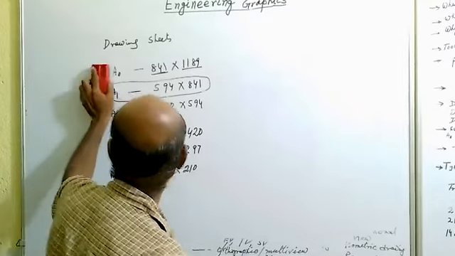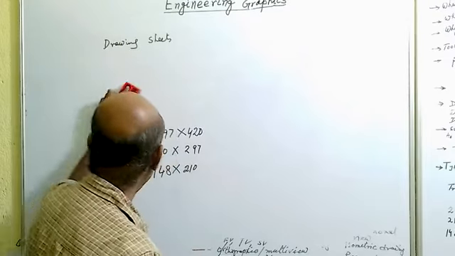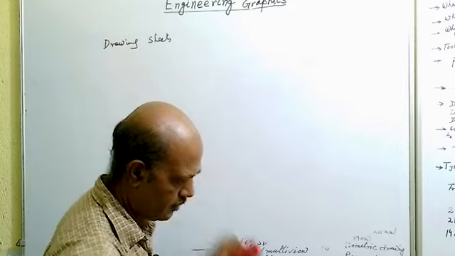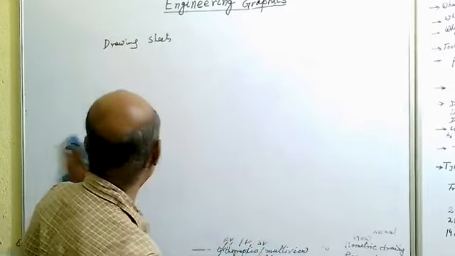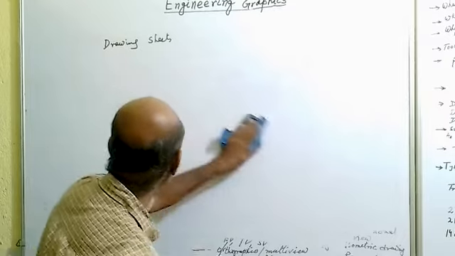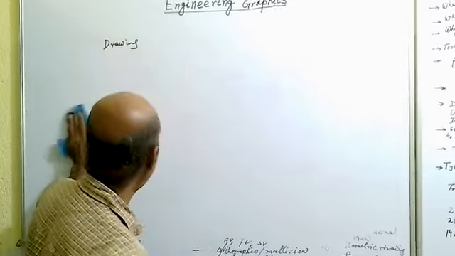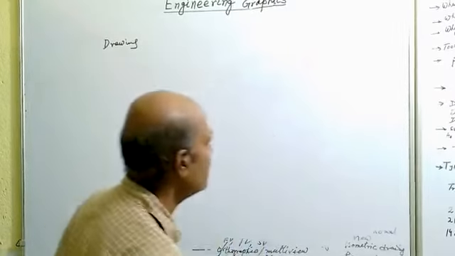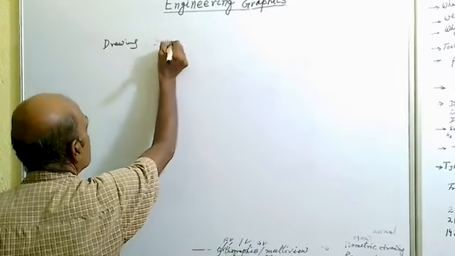Now we'll see the layout of the drawing sheet. We'll discuss the drawing board sizes first. To accommodate the drawing sheets, drawing boards are of various sizes as per the standard.